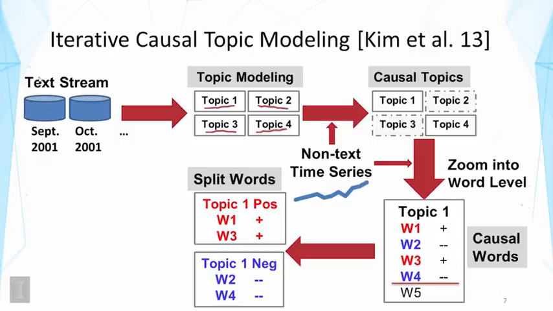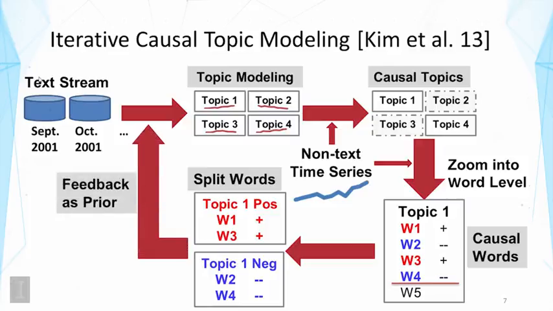So in some sense, and we should expect so, they are more correlated with the time series than the original topic 1, because topic 1 has mixed words. Here we separate them. So each of these 2 subtopics can be expected to be better correlated with the time series. However, they may not be so coherent semantically. So the idea here is to go back to the topic model by using each of these as a prior to further guide the topic modeling.